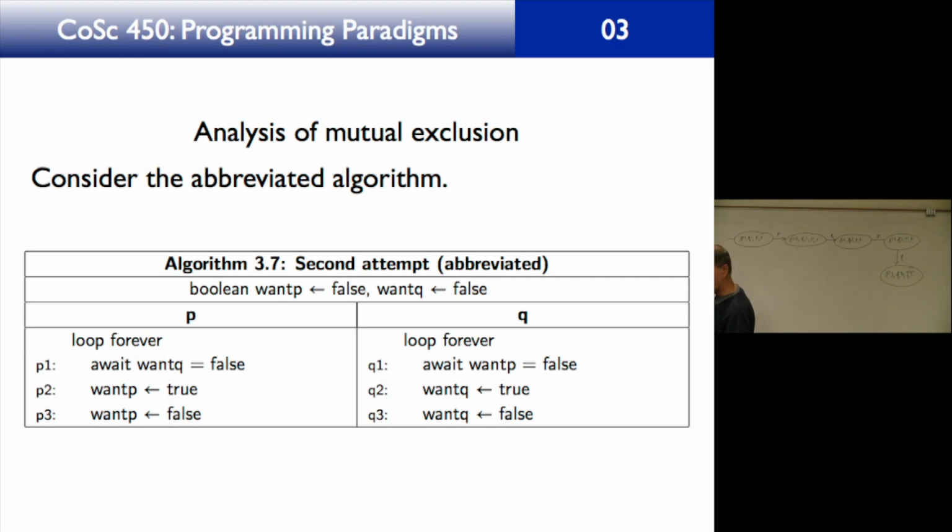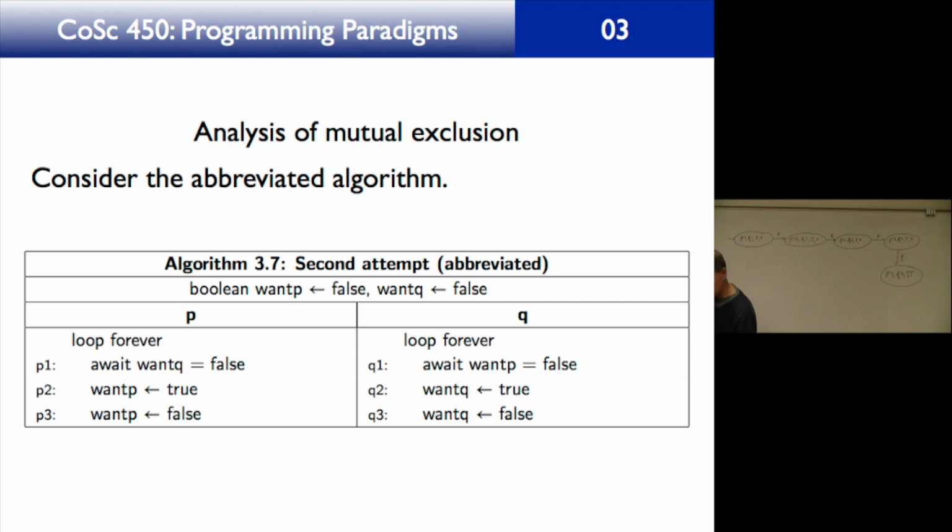No, I don't think it's deadlock. What is it? P3, Q3. So P3 is about to execute next, and Q3 is about to execute next, but those are the post protocols. That means they are both where? In their critical sections, because this is the abbreviated diagram.